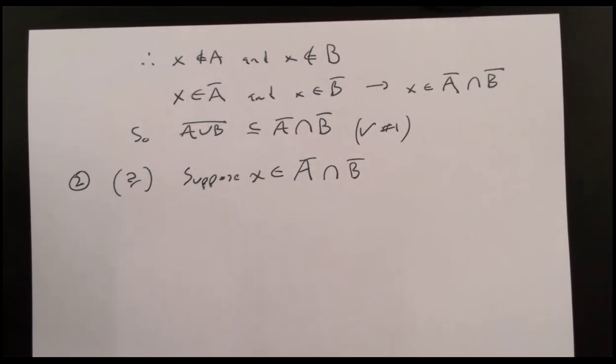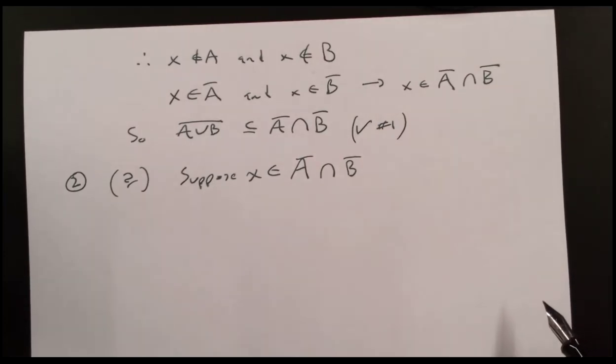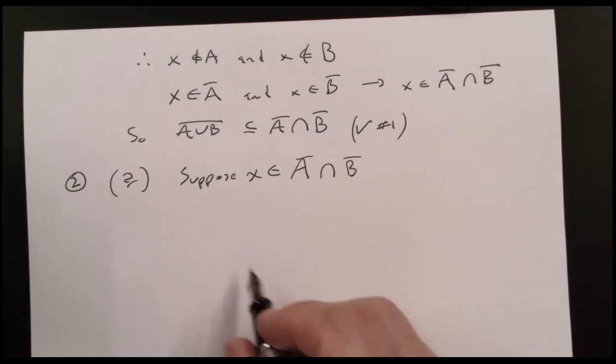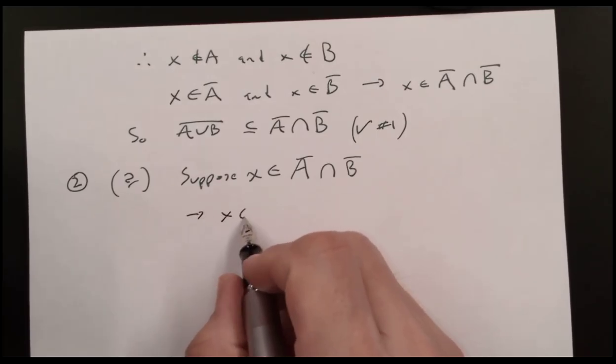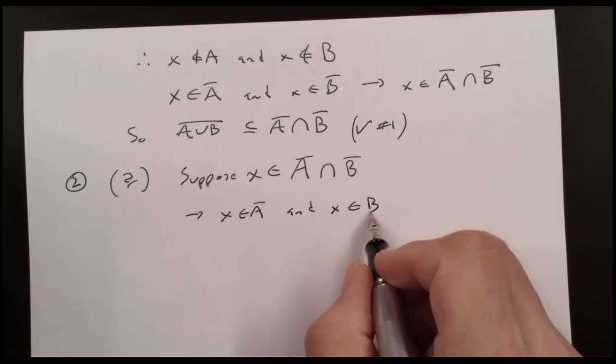The word intersection means and. The little bar means complement. This means and. Therefore, X is in A complement and X is in B complement.